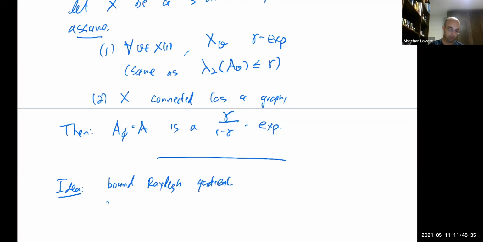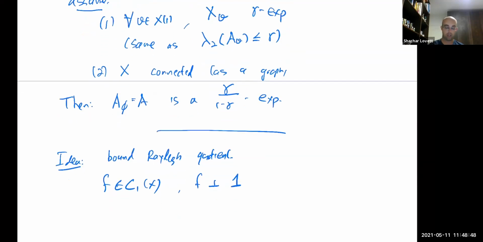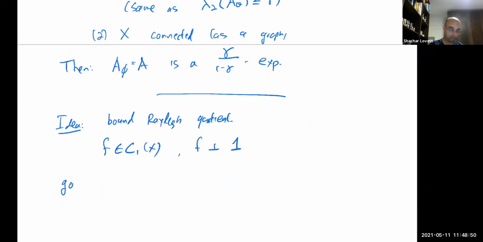We're going to choose some function on the nodes of the complex, a function in C1 of X, a function on the nodes that is orthogonal to 1. And our goal will be to bound its Rayleigh quotient, F transpose AF over norm F squared. That's going to be our goal, like everywhere.